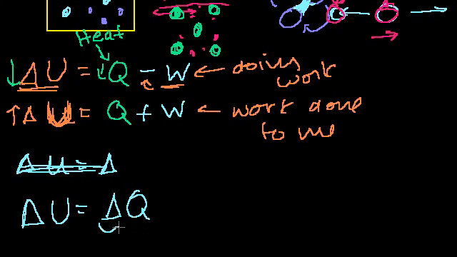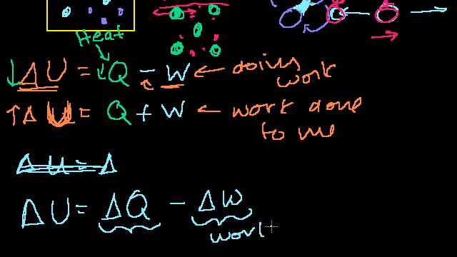But you can also view this as the heat added to the system minus the change in work, which is a little non-intuitive, because when you talk about heat or work, you're talking about transferring of energy. So sometimes the delta work means work done by the system. Obviously, if you have some energy and you do some work, you've lost that energy, you've given it to someone else, so you'd have a minus sign there.